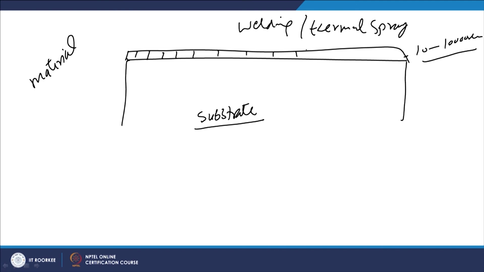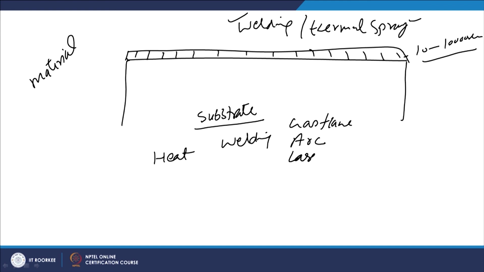Now there are various issues when they are applied either by welding or by the thermal spray process. They go through the application of heat. In case of welding, heat can be applied using a gas flame, an arc, a laser, or an electron beam.